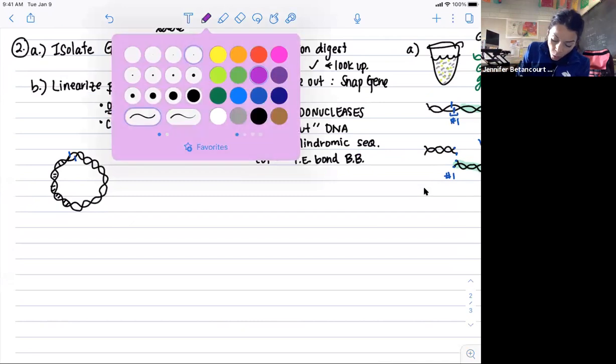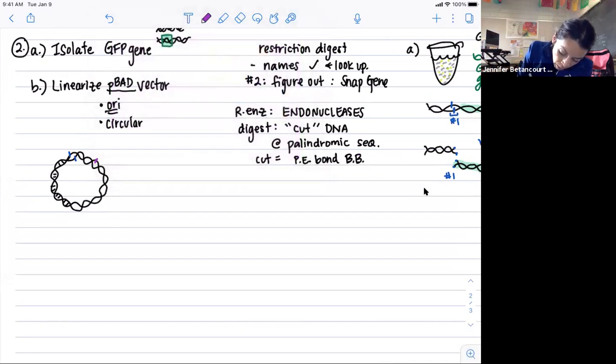Cool. So if you can find one, if you can hopefully use the other enzyme that you use to isolate the GFP, what this is going to create is, this is now going to really be hard for me to draw, but I'm going to do it for you.